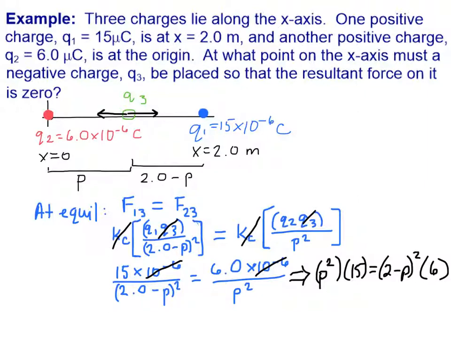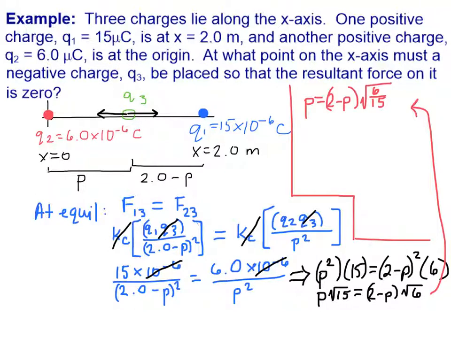And now if I take the square root of both sides and then isolate p, I can end up with an answer for p. Here I took the square root of both sides, and I know this is kind of messy and awful. I'm going to take this up here now. I'm going to divide both sides by the square root of 15.